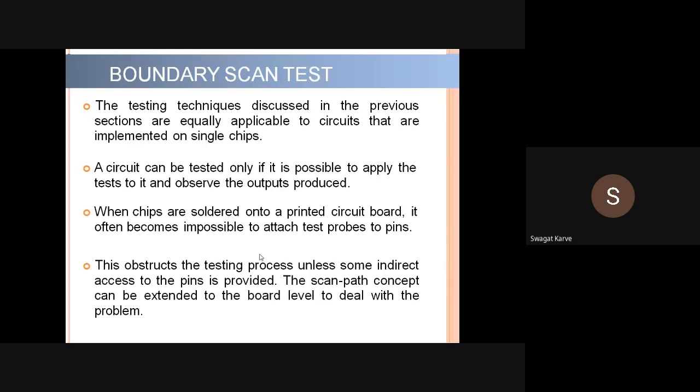It has many versions. Recently we are using the 1149.1 JTAG interface. It has an advanced instruction set, and with the help of that instruction set, you can easily test any complex or dense board or chip.